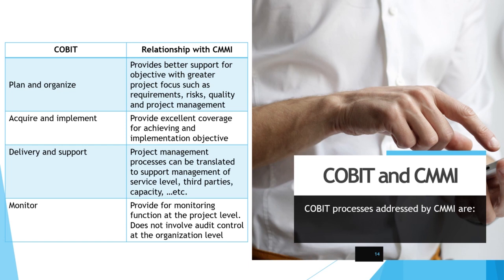Acquire and implement provides excellent coverage for achieving and implementing objectives. Deliver and support, project management processes can be translated to support management of service level, third parties, capacity, etc. Last one, monitor, provides for monitoring functions at the project level, does not involve audit control at the organization level.